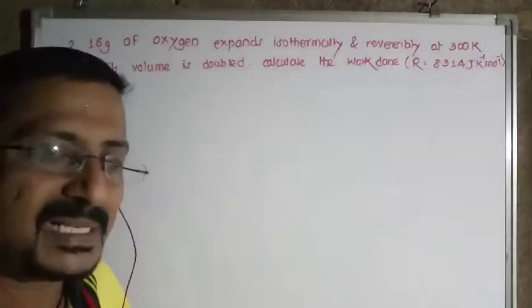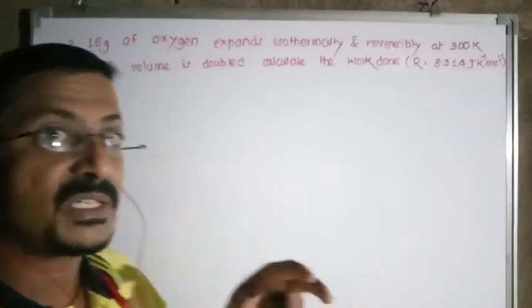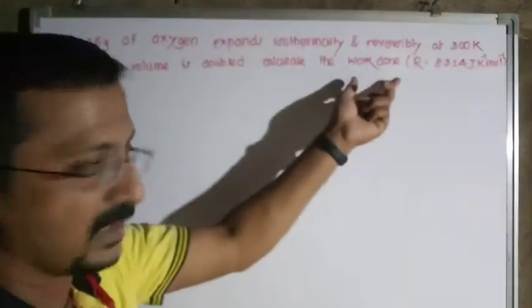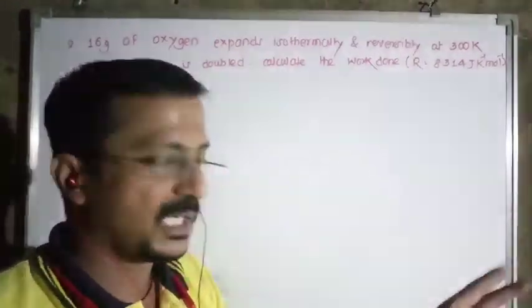For that purpose, first we have to find out whether the given example is based on W is equal to minus P delta V, that is work done against constant external pressure, or it is based on W max. Here it is not given, they just say calculate the work done. If they ask to calculate the maximum work done, then we go through the W max equation.